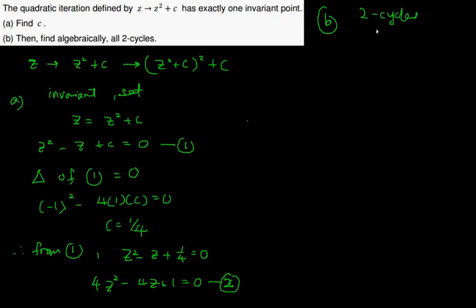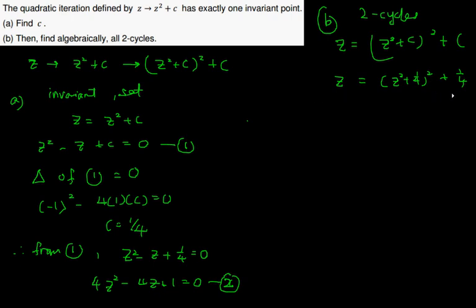here we will take the initial value to be equivalent to the second iteration, which is the square of z squared plus c plus c. Now of course we know what c is: c is plus 1/4, so it's the square of z squared plus 1/4, plus 1/4. Now I'm not going to expand this and show you step by step, but I expect you to do that.